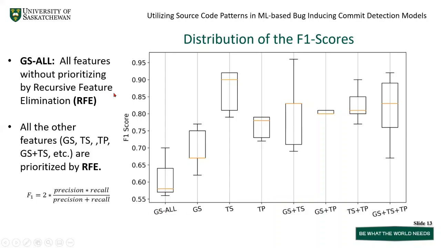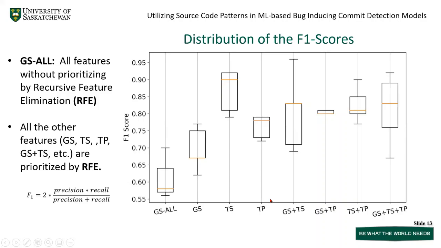Here GS all contains all the features from the GitHub statistics. That means we do not prioritize the features. Here GS contains only the important features, and TS and TP also contain only the important features, which we obtained by applying the recursive feature elimination process. From this diagram, we can see that if we take only the important features, the F1 score improves compared to all the features.